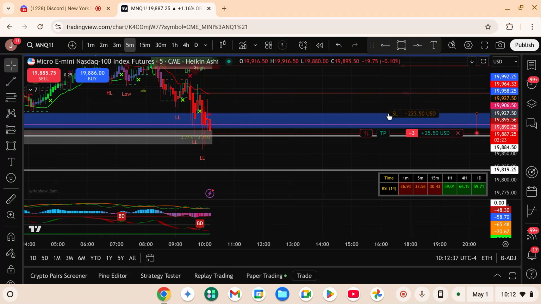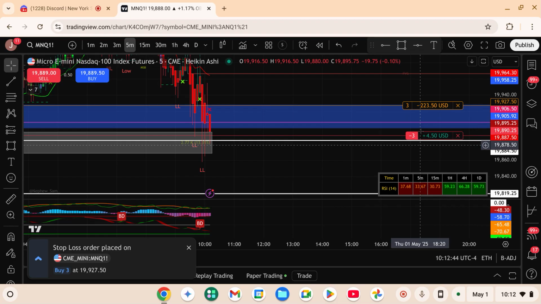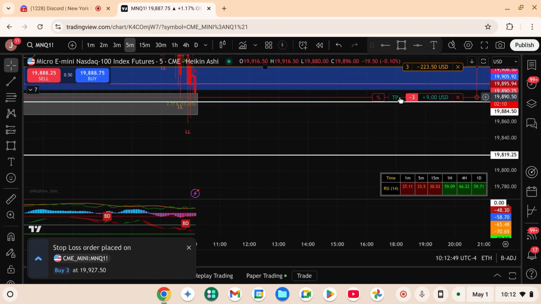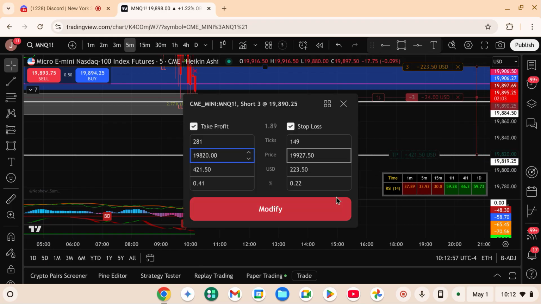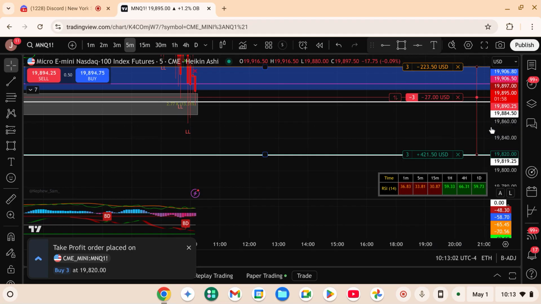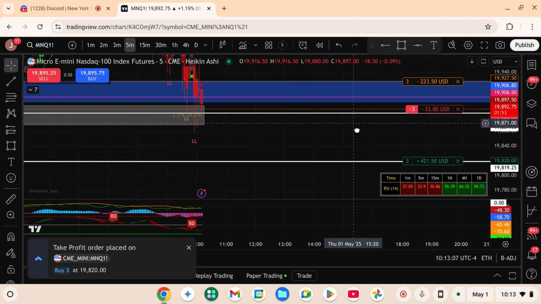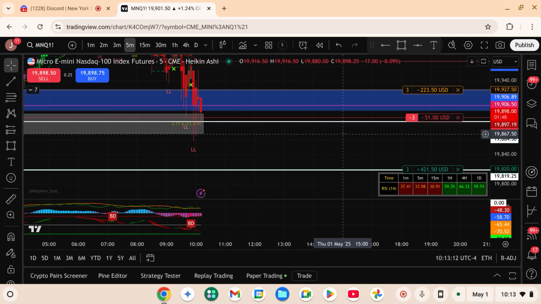So that way we're risking about 230. And our take profit will be this second white line right here. It's not as big a profit as just NQ, but it's still something.